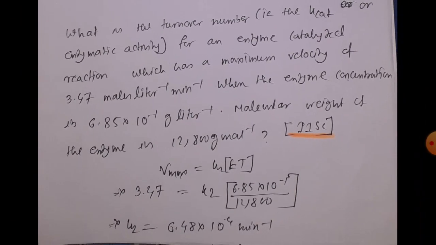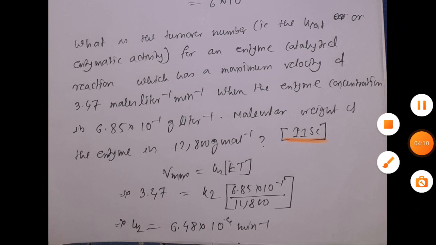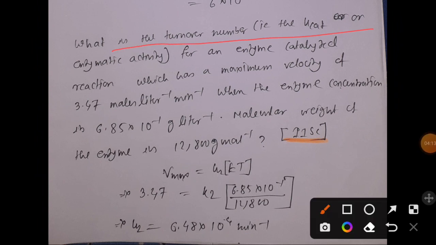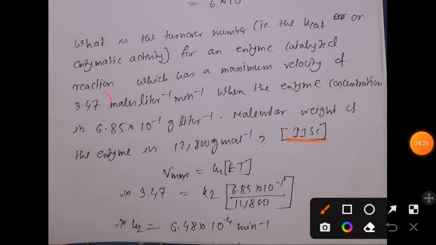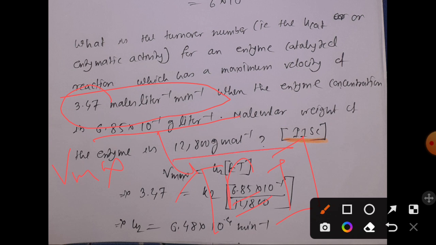For another example, there is another MCQ: what is the turnover number or Kcat, you can also call turnover number Kcat or K2, both are the same, for an enzyme catalyzed reaction which has a maximum velocity of 3.47 moles liter inverse minute inverse. So it is the value of Vmax when the enzyme concentration is 6.85 into 10 to the power minus 1, that is the value of ET, and the molecular weight of the enzyme is 12,800.